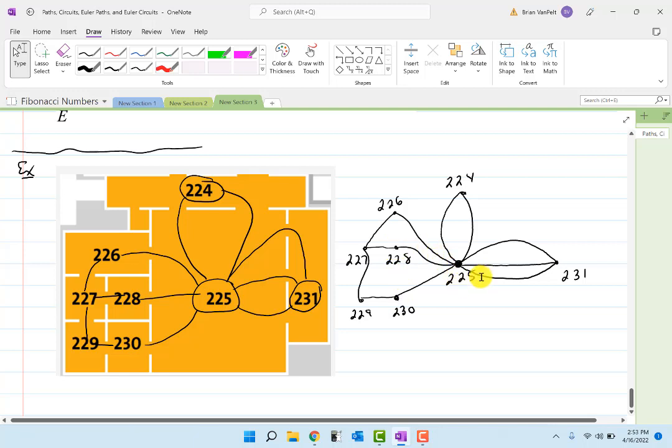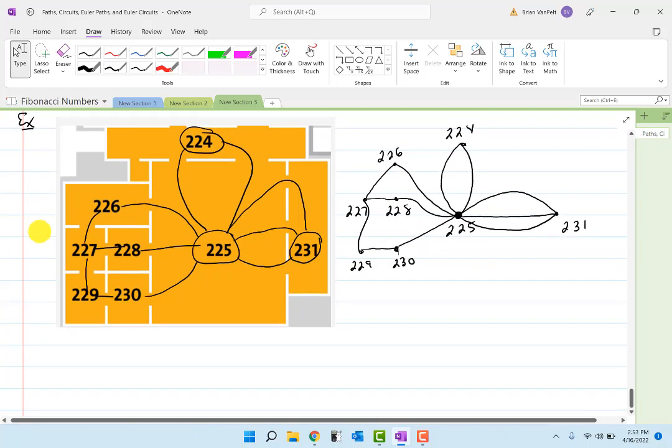Now let's take a look at this middle one where all the action's going on. I have 1, 2, 3, 4, 5, 6, 7, 8. So I have exactly 2 vertices of odd degree.